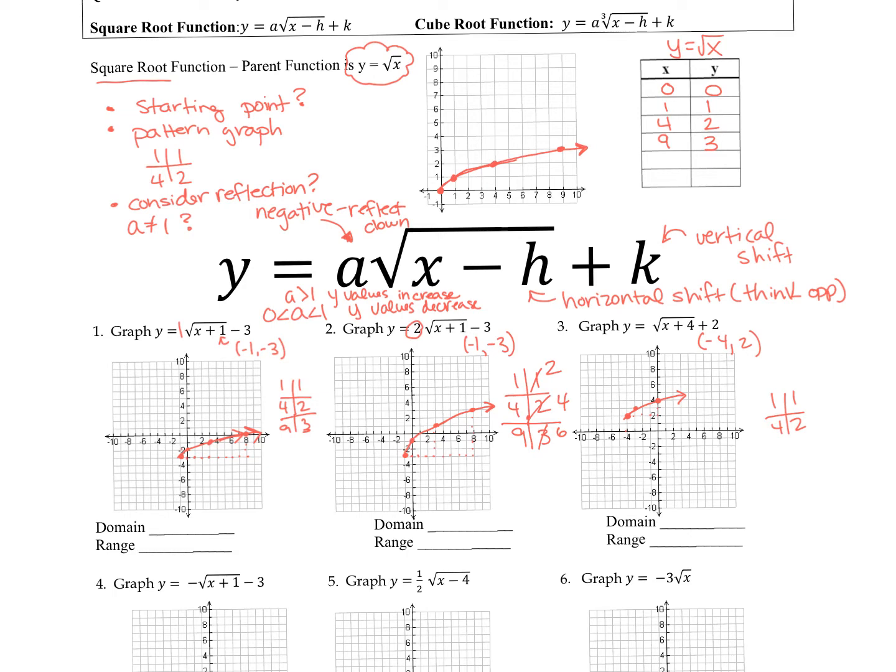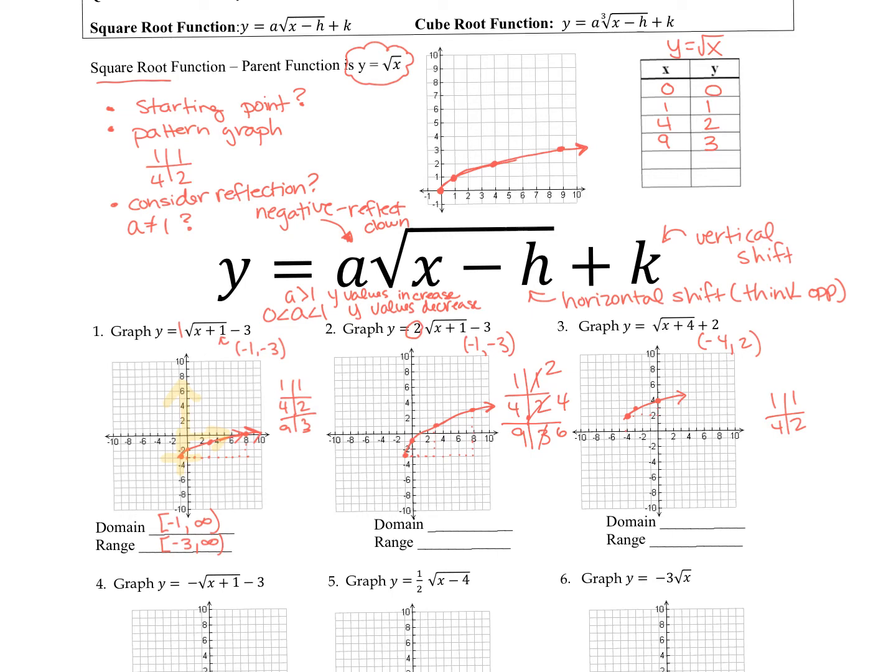So you can see that my x values start at -1, and they go forever in the positive direction. And you can see my y values start at -3, and they go forever in the positive direction. So my domain starts at -1 and goes to infinity, and my range starts at -3 and slowly goes up to infinity as well.